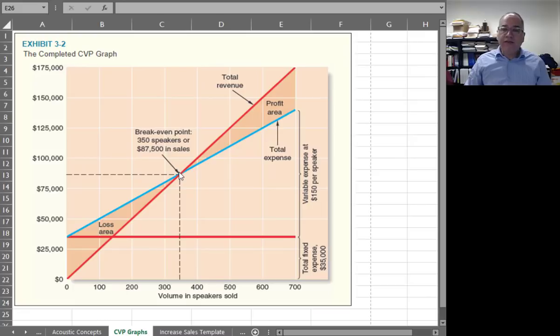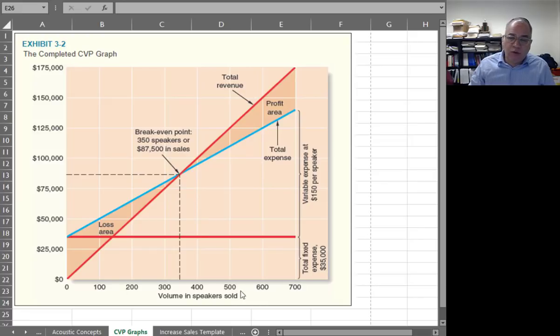So the break-even point is the point where you have 0 profit, and as you can see, the profit gets lower and lower until it hits 0, and then it increases. Here, the break-even point would be at 350 speakers, as we saw, or $87,500 in sales. And this provides us with a nice picture of where we would want to be.